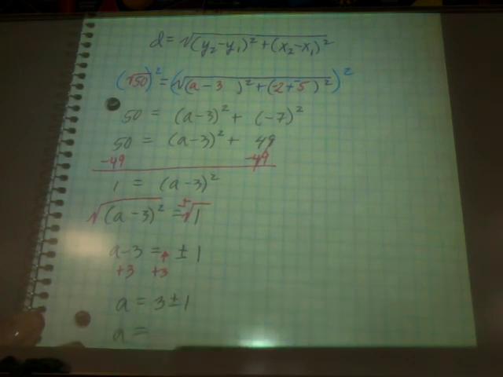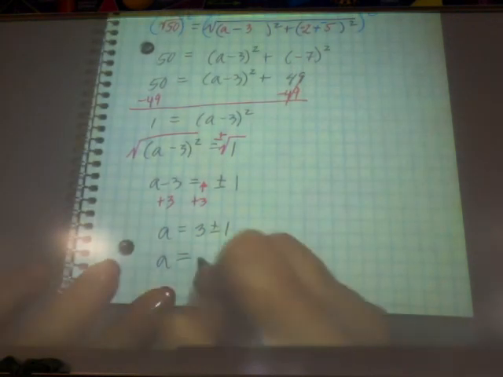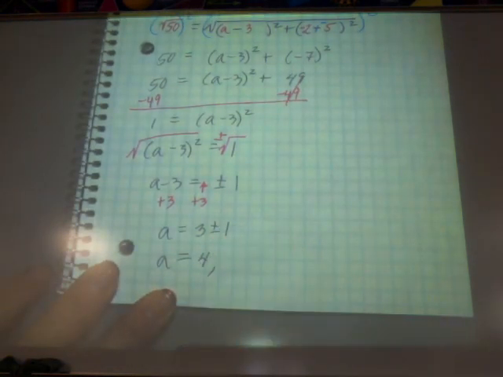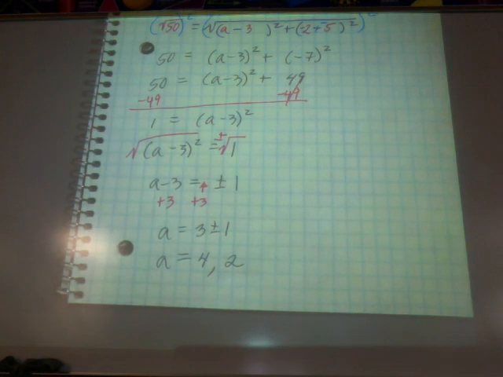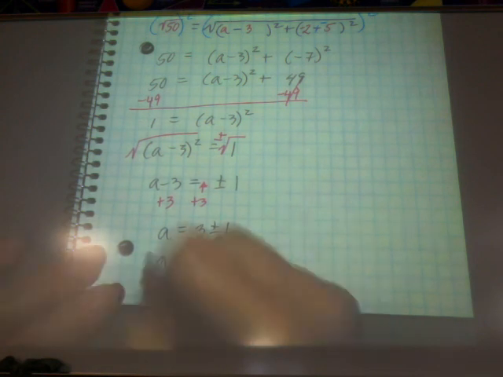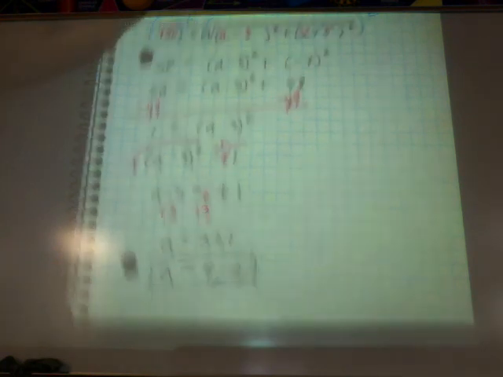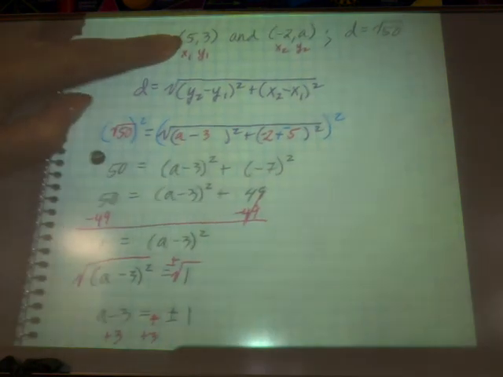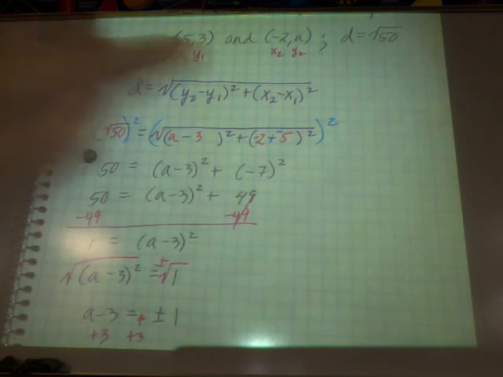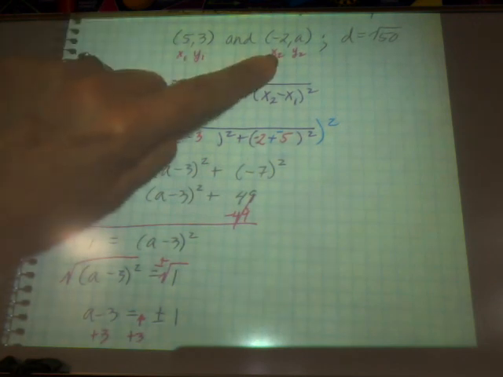So here's my possible values for a. What's 3 plus 1? 4. And what's 3 minus 1? 2. So those are my values that a could be. I could have two different ordered pairs from the ordered pair of 5, 3 that has a length of the square root of 50, so long as this x value is negative 2. I could go negative 2, 4, or I could go negative 2, 2.